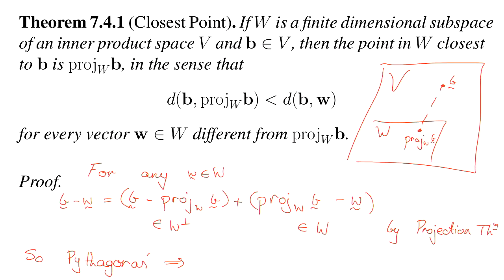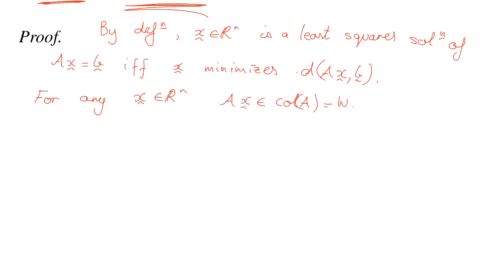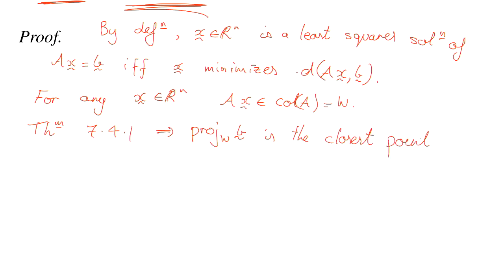The closest point to b in W is the projection of b onto W. So theorem 7.4.1 tells us that the projection of b onto W is the closest point in W to b.